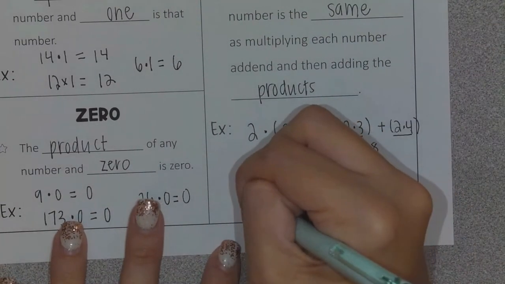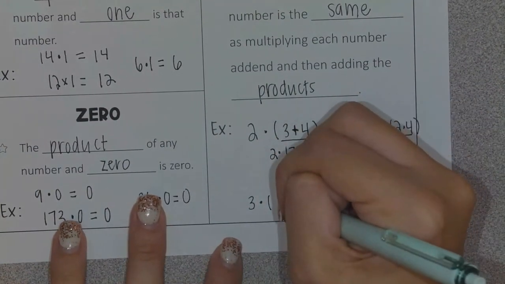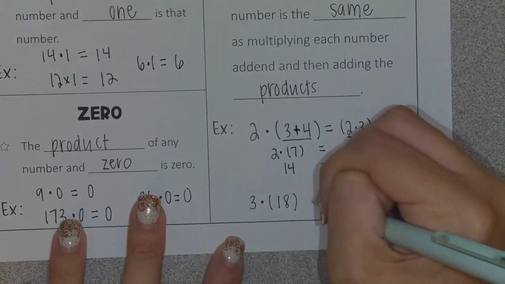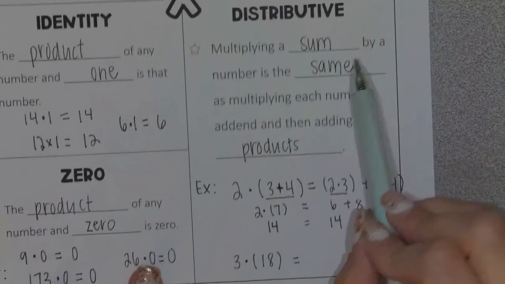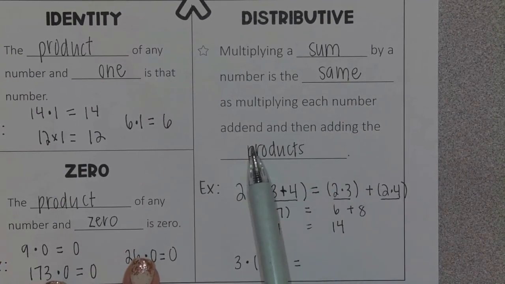Let's say I start with the number 3 on the outside, and I'm going to multiply it by the number 18. You may be thinking, Ms. Smith, you said that there had to be a sum here, and there's not a plus sign here like there used to be. So let's look at how they would break something like this down. Distributive property says multiplying a sum by a number is the same as multiplying each addend.